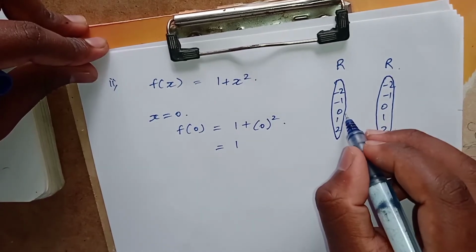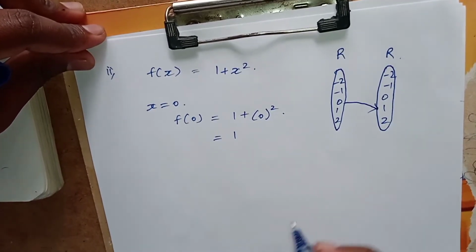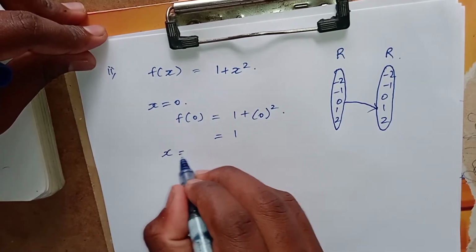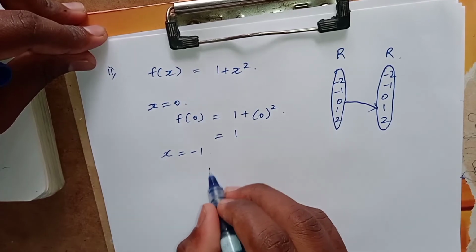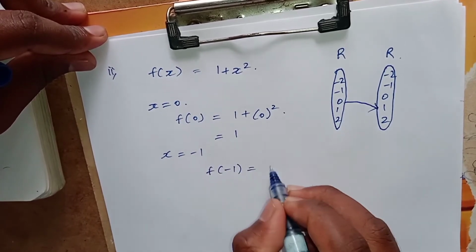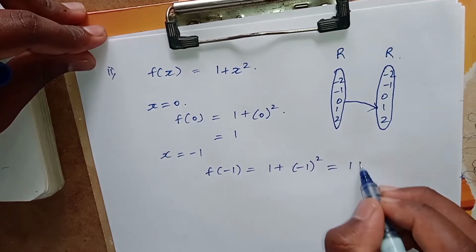If I take x equal to minus 1, f of minus 1 equal to 1 plus (minus 1) whole squared.